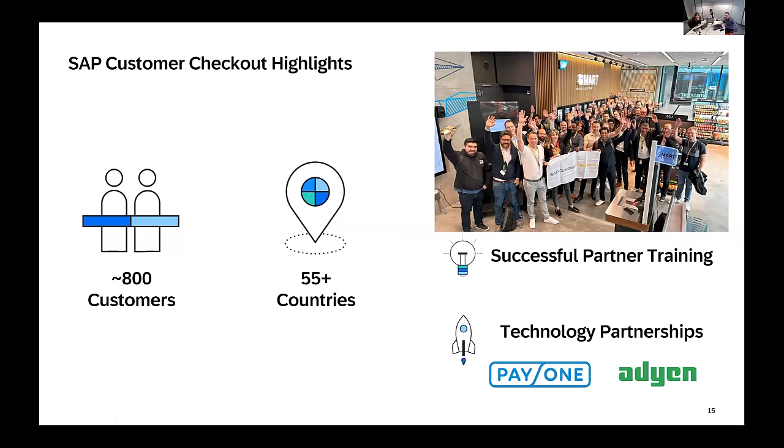I assume a lot of partners who are on the call today also joined our training this year in May. It was really nice. Let's see if we do something similar next year. And also to mention two technology partnerships this year with PayOne and Adyen in terms of payment. We did more, but to highlight this time, these two.